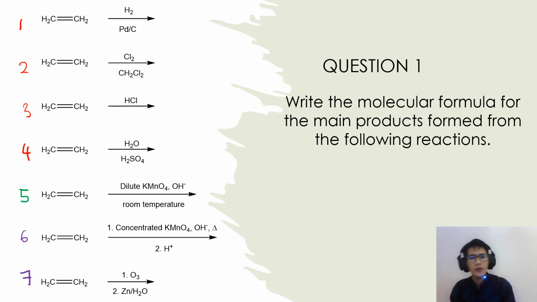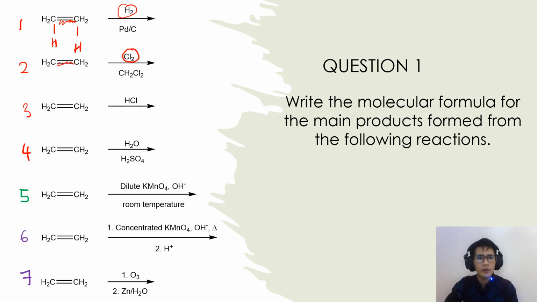So how does this reaction undergo? For the addition reaction, it is very easy. You just see that you have H2, so you just add H and H, and you remove the double bond, so it becomes a single bond. Same goes to Cl2.